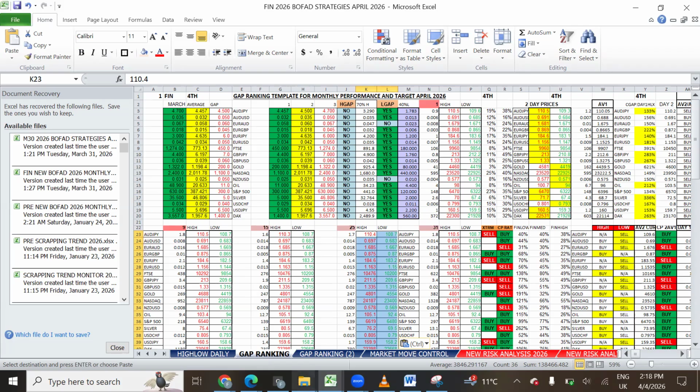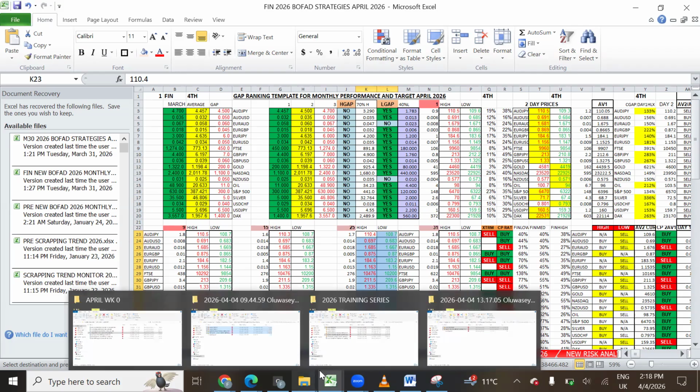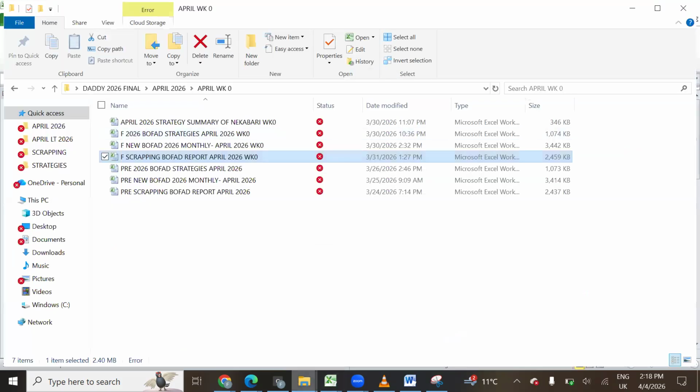So let me open the March template to see what we had as at the end of March, so that will help us better.